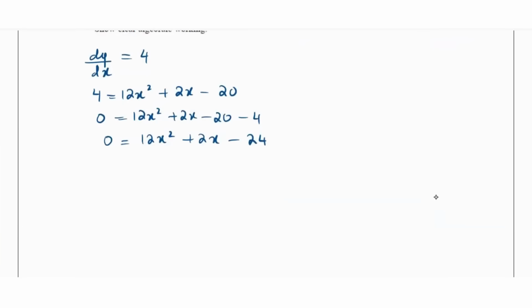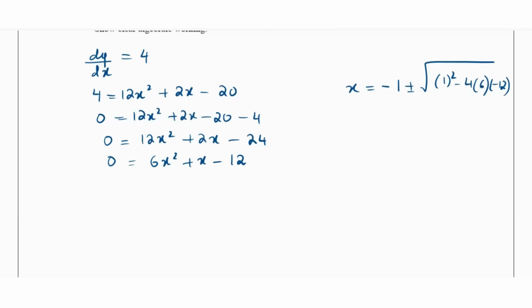Now we solve this quadratic equation. We can see that we can divide all the terms by 2. So that's going to be 6x squared plus x minus 12. Now for this, I'm going to use the quadratic formula. x equals -1 plus minus root of 1 squared minus 4 times 6 times -12, and then we divide this by 2 times 6.